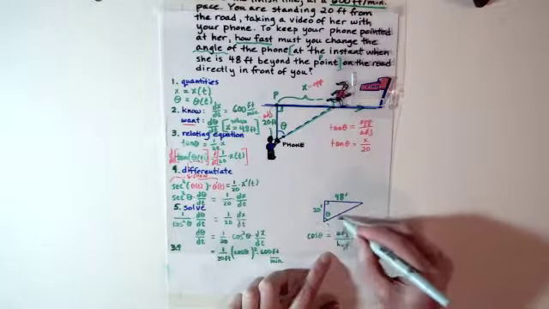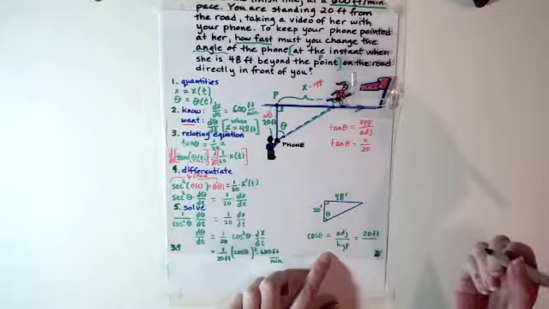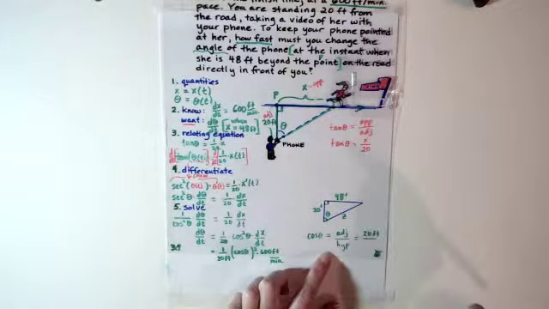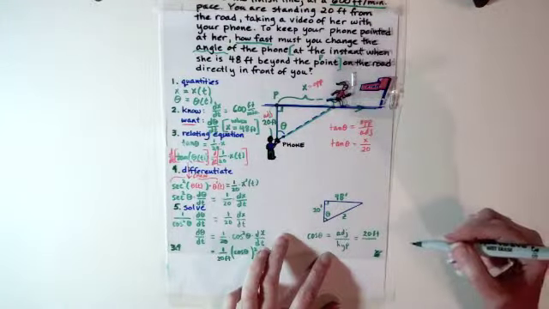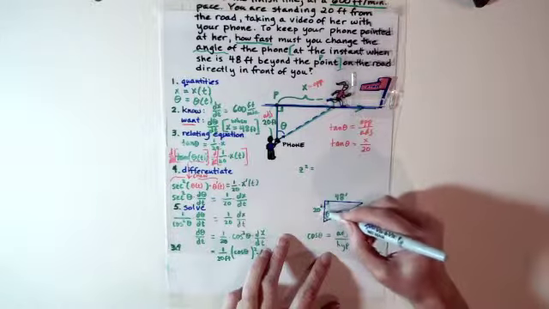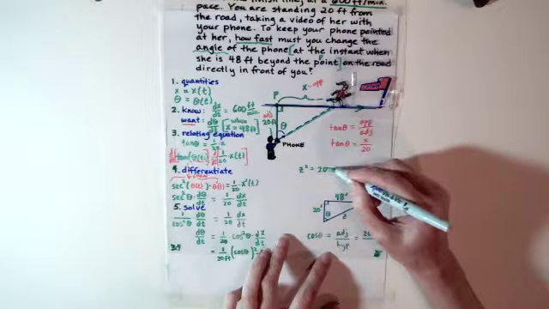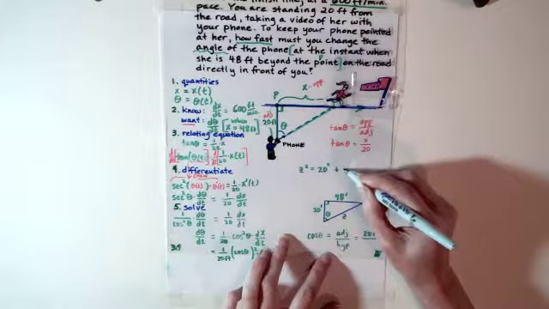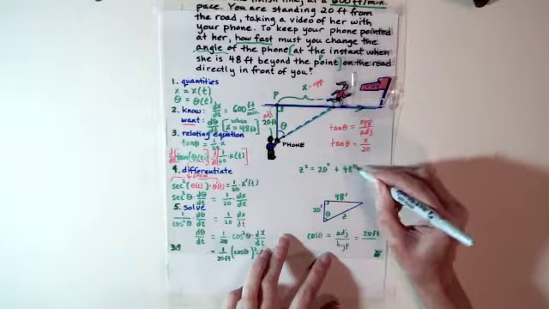I don't know the hypotenuse, but could I figure that out? Sure. Let's call that z, for example. And now the Pythagorean theorem is helpful. I know that z squared is equal to this side squared, which is 20 squared, plus this side squared, which is 48 squared.